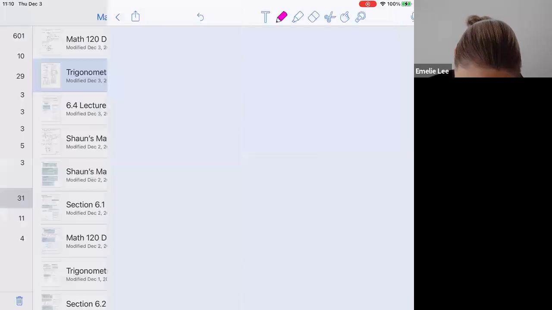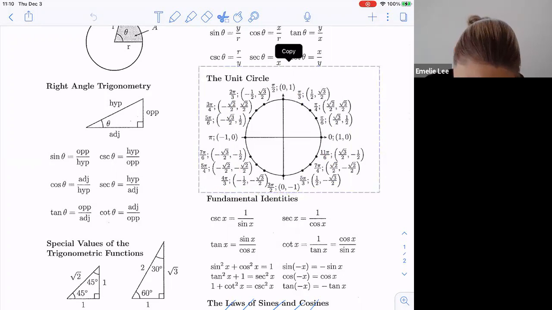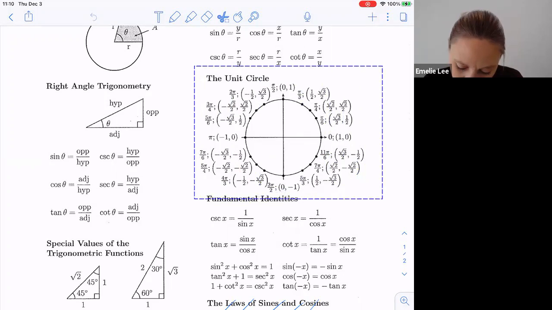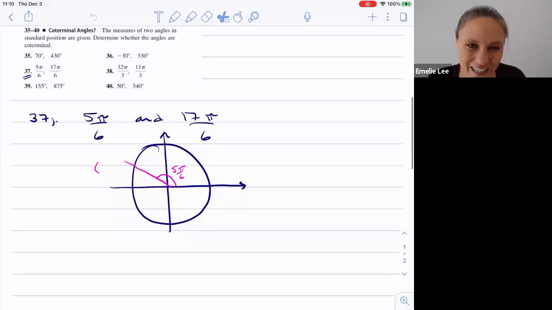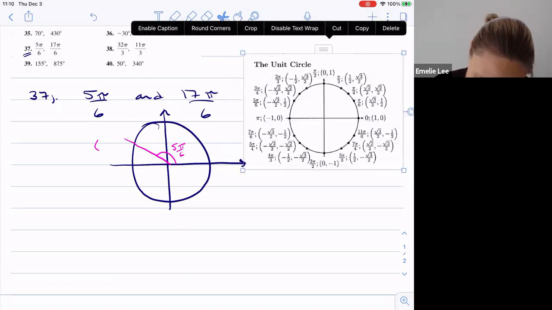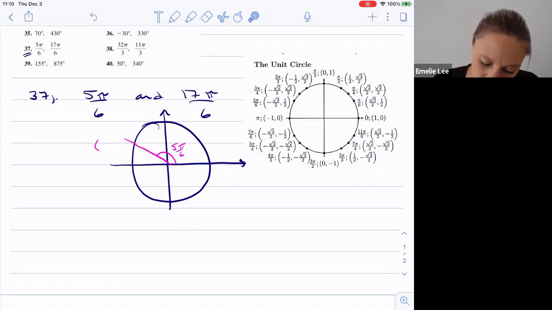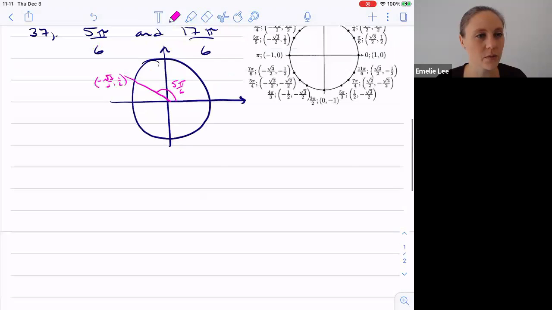Now, I think I posted this trig formula sheet. If we look at this formula sheet, 5 pi over 6 is at negative root 3 over 2, 1/2. I had them mixed up.